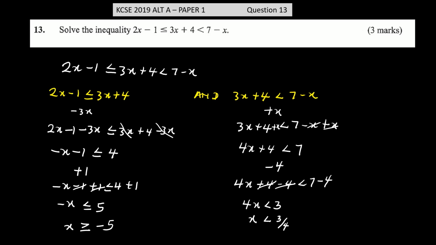Now, how do we find the final answer to this inequality? Let me do that in this small box over here. The two parts we are going to be using is this part and this part. Here we already have that negative x less than or equal to 5, and here x less than 3 over 4.